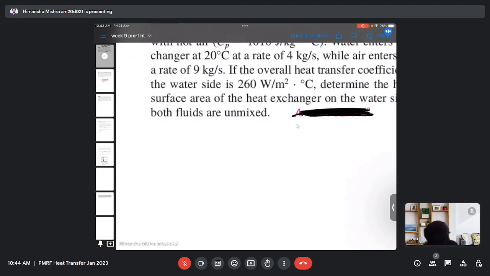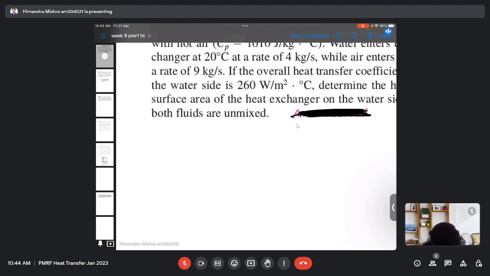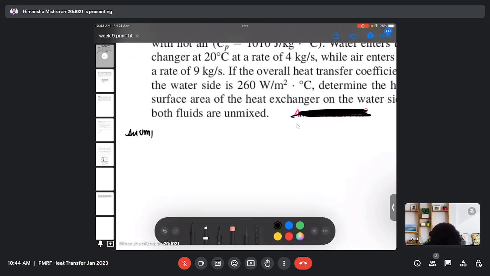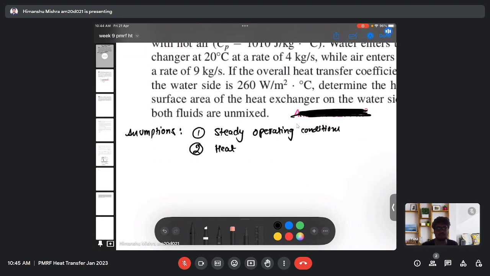So we have a cross flow heat exchanger, and the basic assumptions are: steady operating conditions, and the heat exchanger is well insulated.